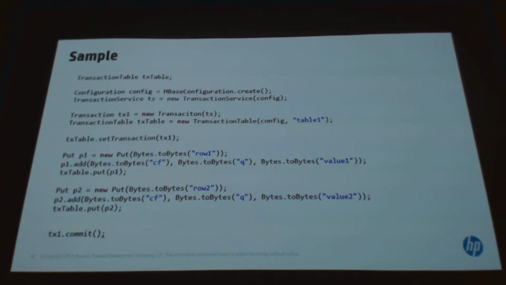Before we call the tx1.commit, if I call txtable.flush, what will happen?